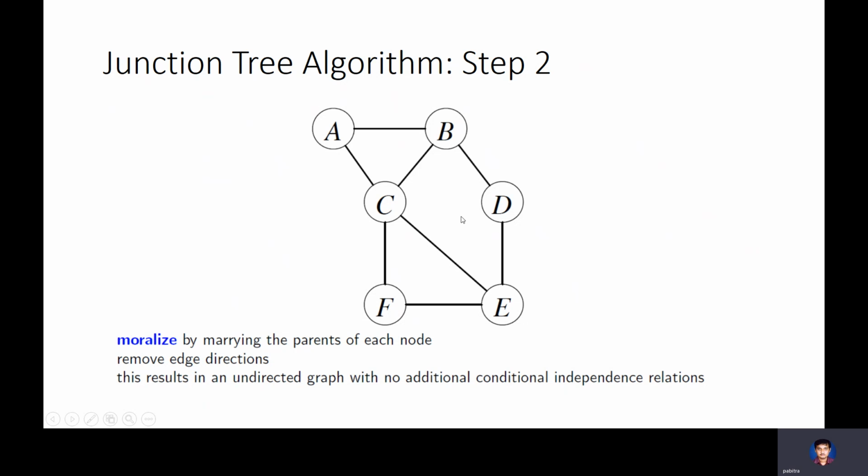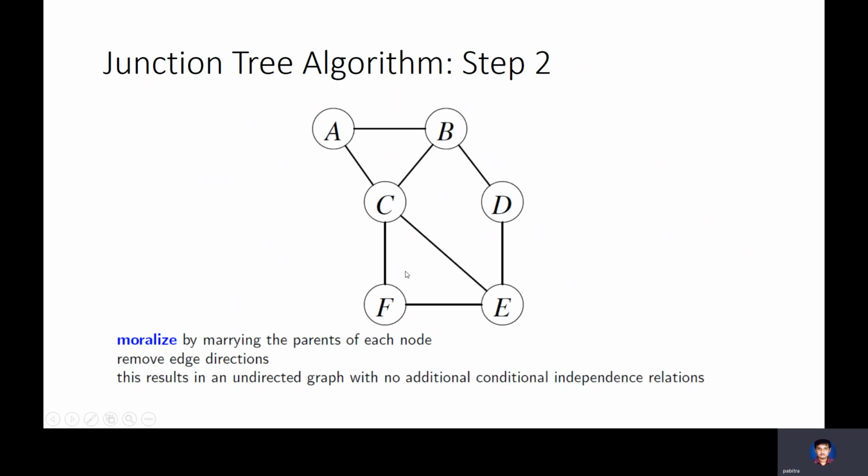After this moralization, in the final graph you get, you need not look at d-separation or anything. You can immediately find out the conditional independences as given by the graph itself, locally, by looking at just the neighbors of a node. Whatever conditional independences you get, that's enough. No additional independences are there.